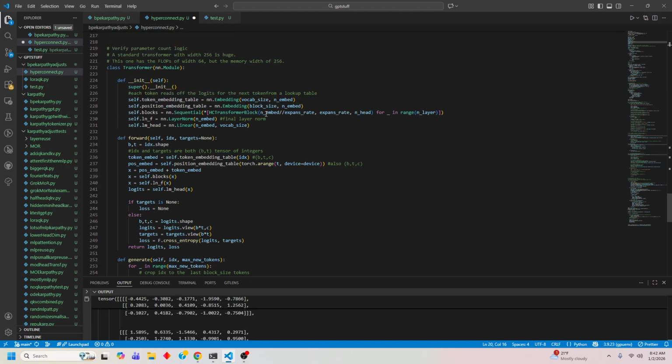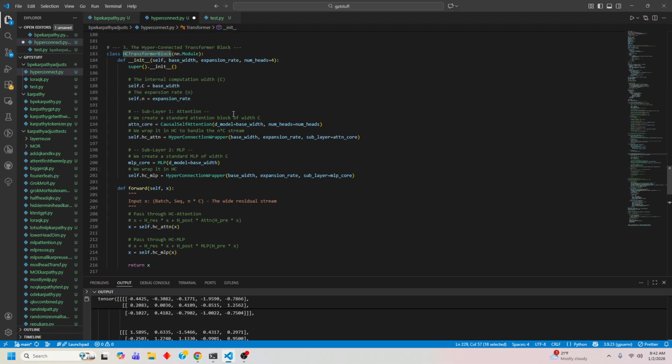And so we put in, this will be the base width right here, and then the expansion rate. So you have number of embeddings, you're going to break that into expansion rate, which is 4. You're going to break it into 4 pieces of base width. And then you still need the number of heads. Okay, so that goes into this hyperconnection block.